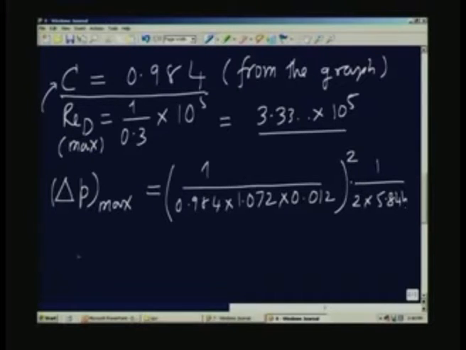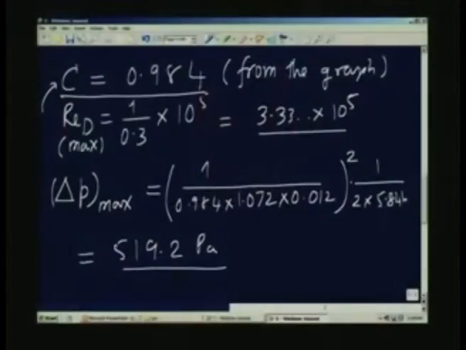So this is the pressure difference which is developed, which is equal to 519.2 pascals.